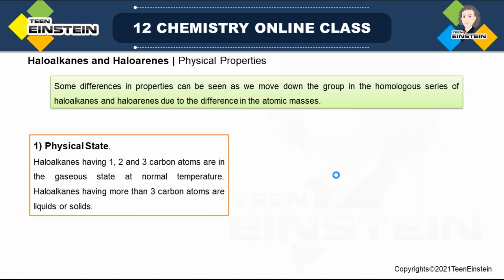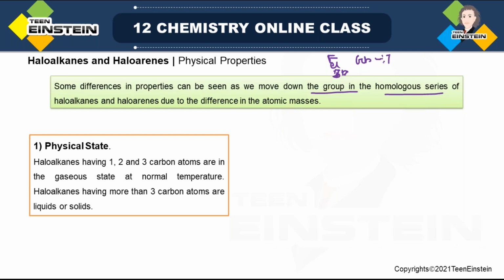Now based on this C-X bond nature, we will see some physical properties. Some differences in properties can be seen as we move down the group in the homologous series of haloalkanes or haloarenes. Down the group means as you are moving from F to Cl to Br to I, basically you are moving down group 17.